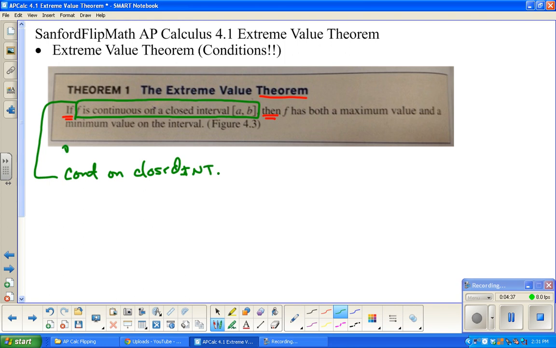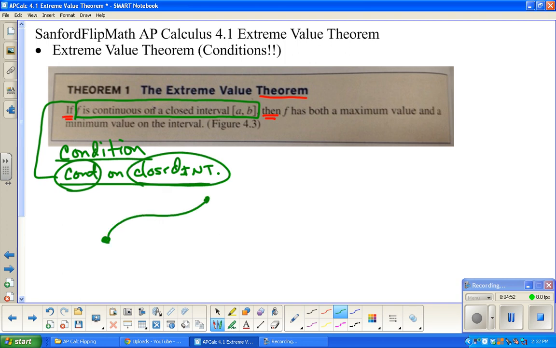So this is the condition for this to work. This is a conditional statement. If we have a function that is continuous on a closed interval, that means we're talking about something that starts somewhere and stops somewhere, and the endpoints are included. So closed interval means the endpoints are included.